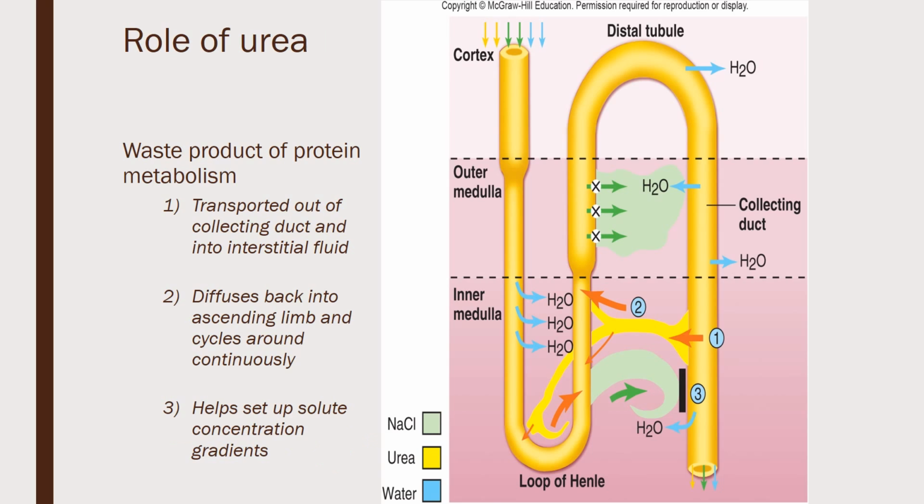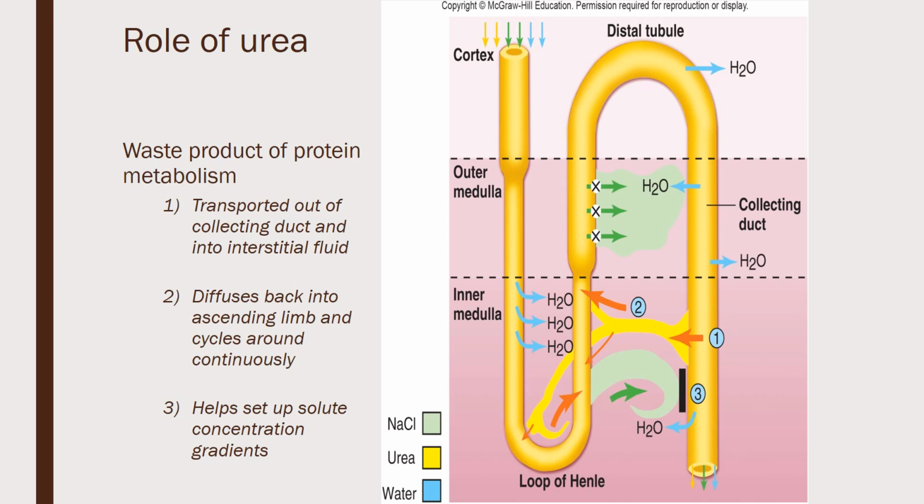Another important molecule to mention is urea and how it helps to establish a hypertonic interstitium for the medulla. Urea is the waste product of protein metabolism, and its main purpose is to work with the countercurrent multiplier system of sodium and water and help to establish the osmolarity differences.